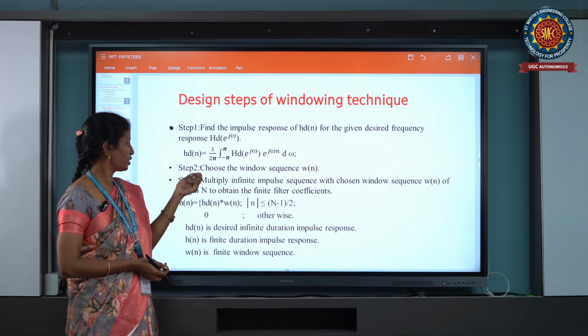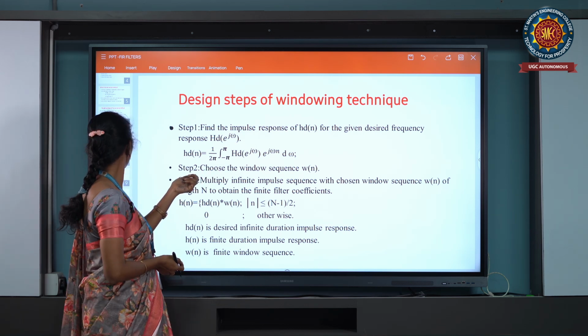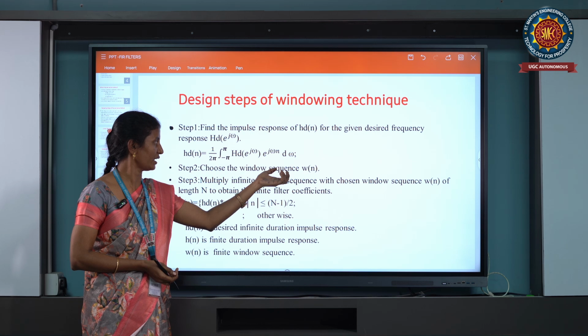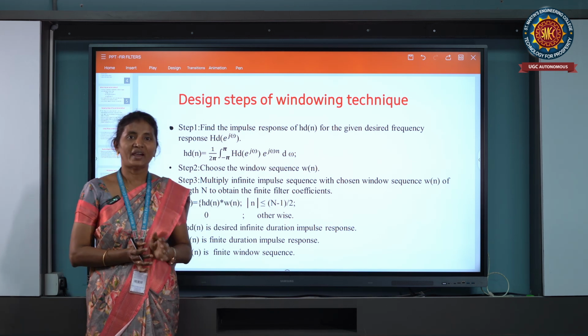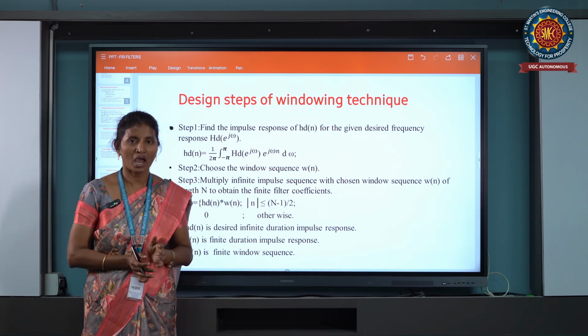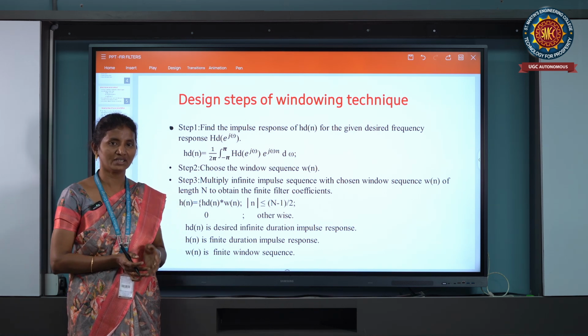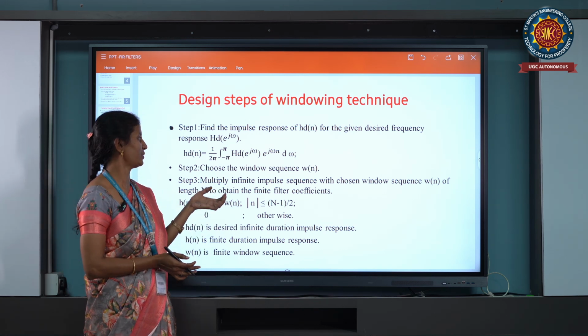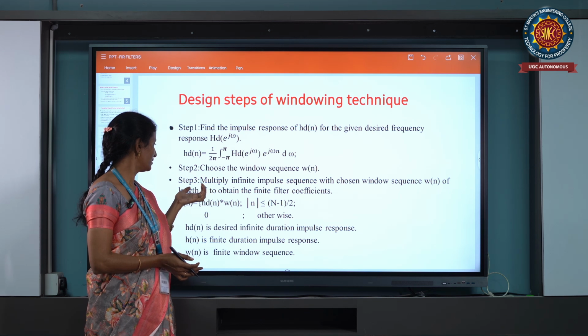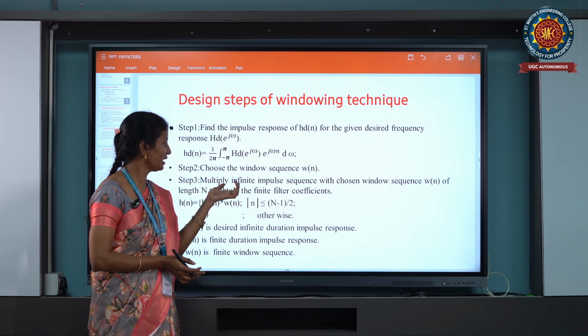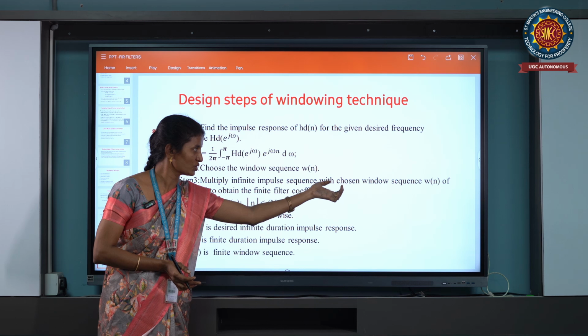In step 2, choose the windowing sequence W of n. To get the finite sequence H of n, we have to multiply the windowing sequence with the desired impulse response Hd of n. The third step is multiplying the impulse sequence Hd of n with the chosen window sequence.